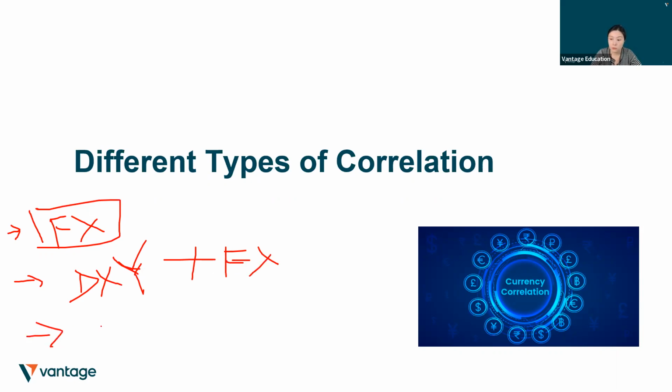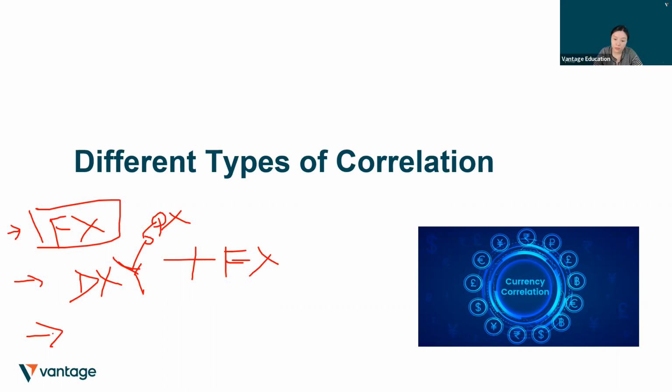And then maybe SPX as well, depending on what you're looking at. I'm not saying they are directly positively or negatively correlated, but I'm just naming out the different types of correlation that you can have, right? It's not just FX itself.